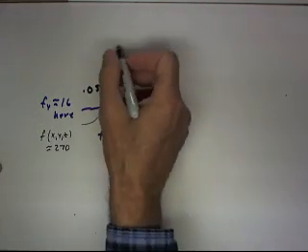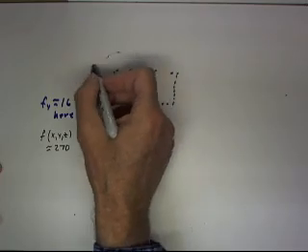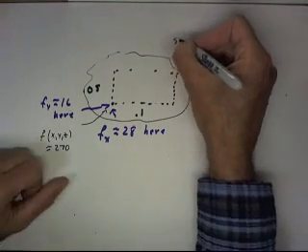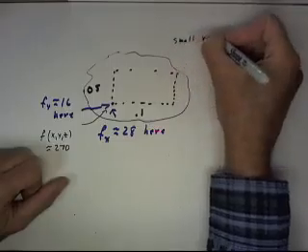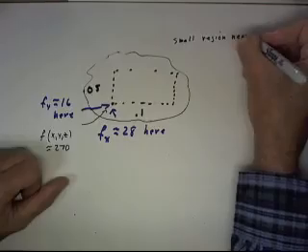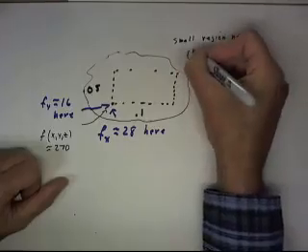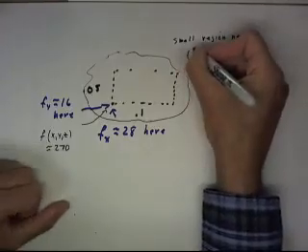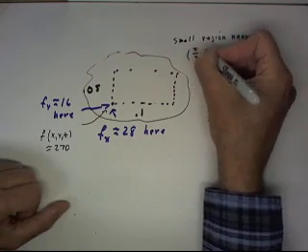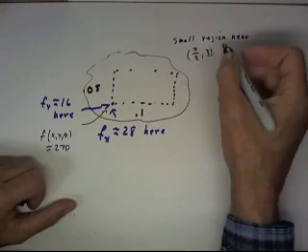Now let's assume that we got some region here. This is a small region near the point. Our point was pi over 2, 3. Didn't label that.